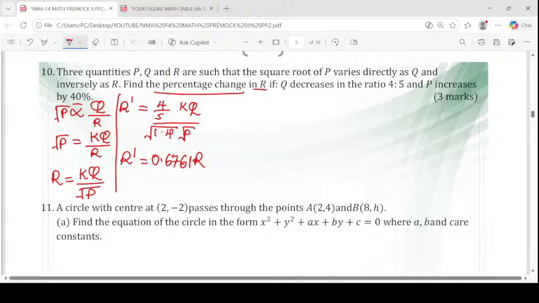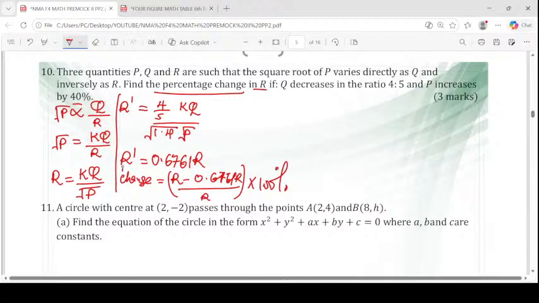After that, this is now the new value of R. Let us get the change in R. To find the change, I'm going to take R minus 0.6761 R over the original value, which was R, times 100%.